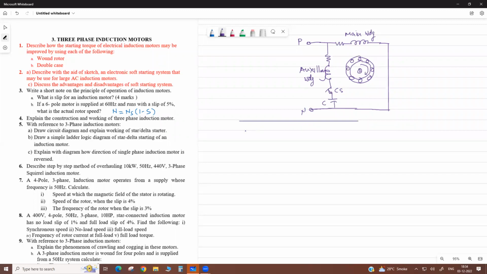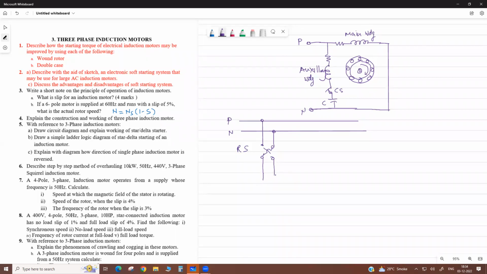For this we use a reversible switch. Suppose this is the phase neutral supply, this is your main supply we take. Here we put a 2-way switch, or reversible switch.